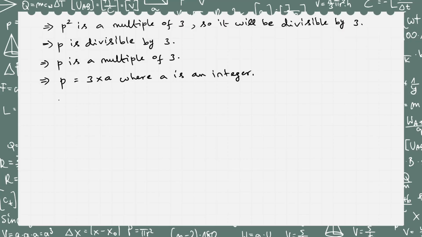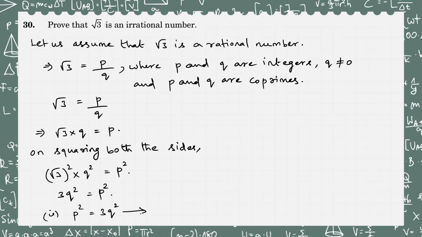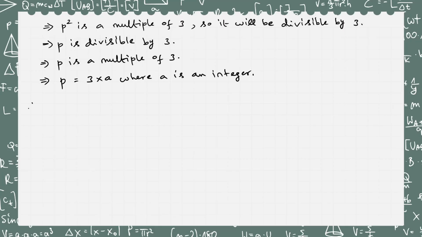So p equals 3a, and we are going to apply this in this equation, which I am naming as 1. Therefore, 1 implies p square equals 3q square, and p's value is 3a now. So 3a whole square equals 3q square, isn't it?